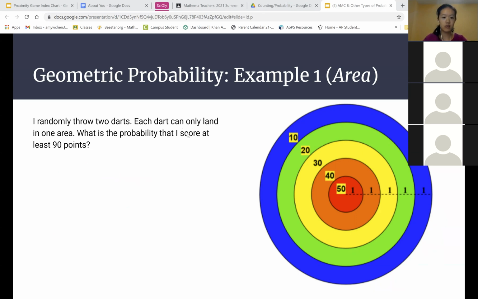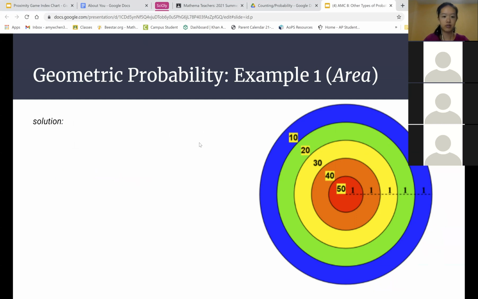So now we need to find the areas of each of those regions, because we know we want a 50, but we need to calculate the probability of getting a 50. First of all, what's the total area of this entire dartboard?